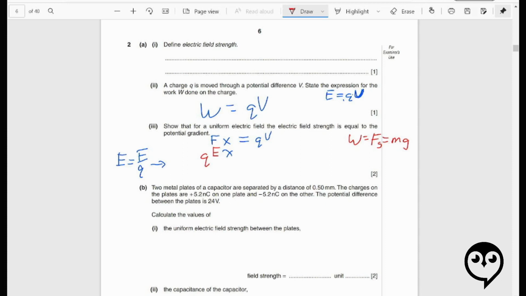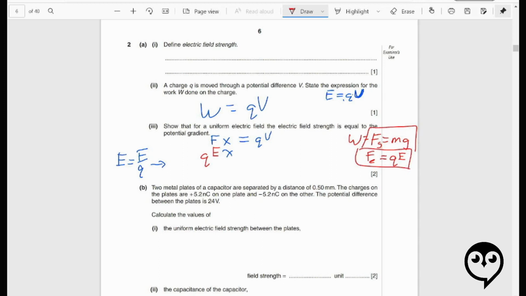More correctly, it's the force that an object experiences in our gravitational field here on Earth. Now, an object can have an electric weight, an electric force, and that will be determined by its charge times the electric field strength.